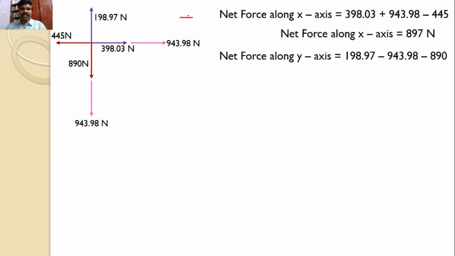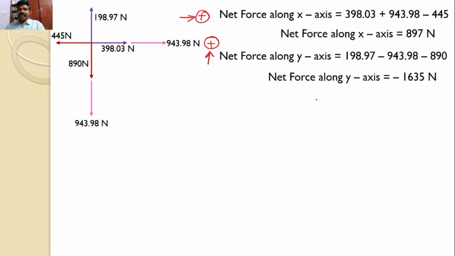That means I am considering this side of the x-axis as positive, and this side as positive. Then the net along the y-axis is minus 1635 newtons, that means downward direction. So the net force along the x-axis I got positive, so it is towards the right side, and the value is 897 newtons. The net force along the y-axis is minus 1635, that means downwards, and that value is 1635 newtons.